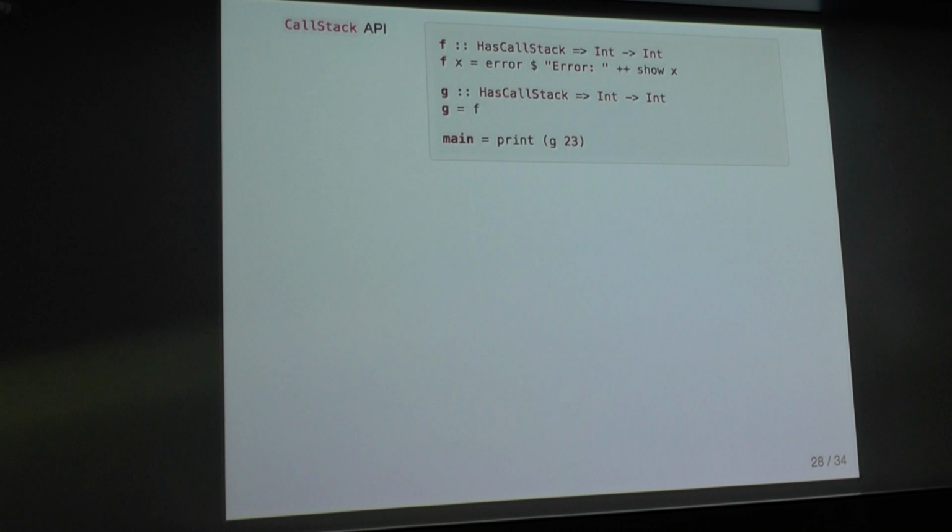And if the function that calls you is also tagged with HasCallStack, it will also add the stack frame to the stack, right? If it is not tagged, this will not happen. So the reason why previously this output happens is because error is now tagged with HasCallStack. That's why you see at least the final call site.